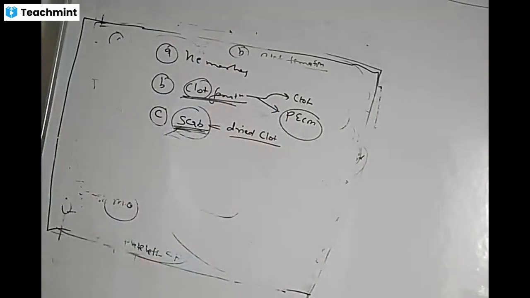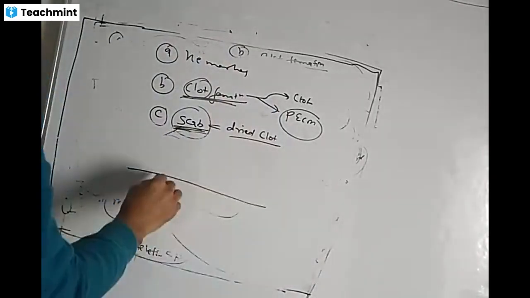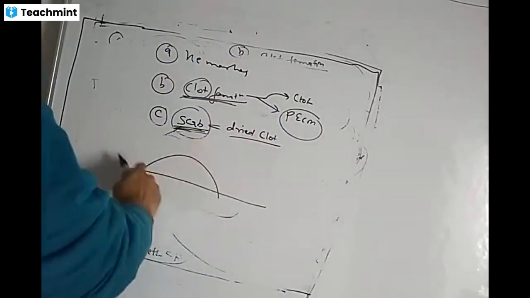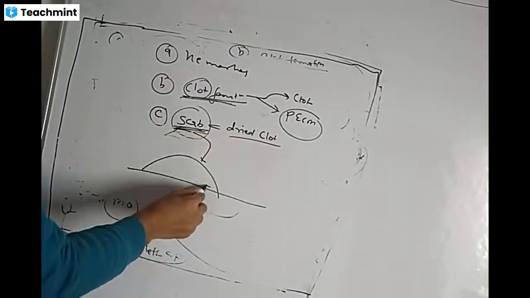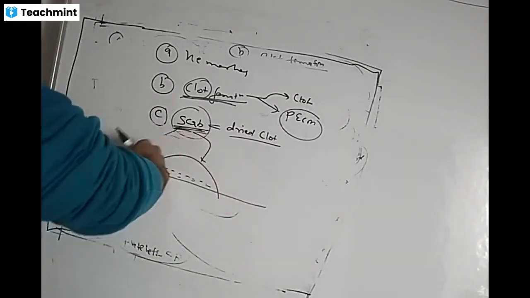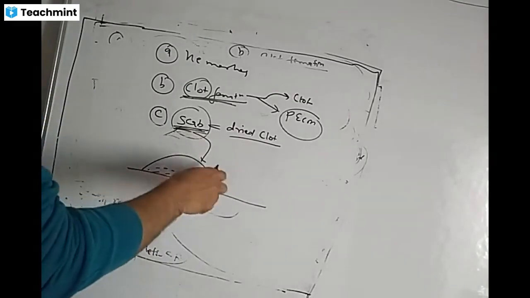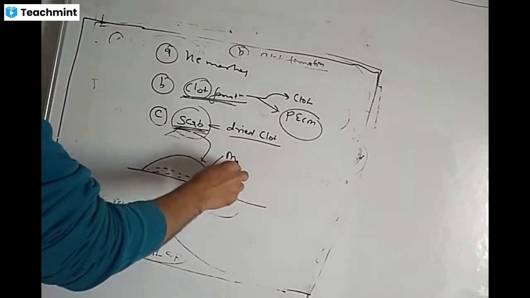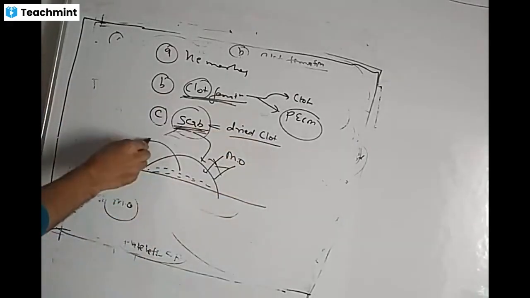So you can suppose this cap is the scab. All the healing processes are progressing under the surface of the scab. So this is a covering. It is a barrier. It will not allow microbes to enter. It will not allow the blood to go out.